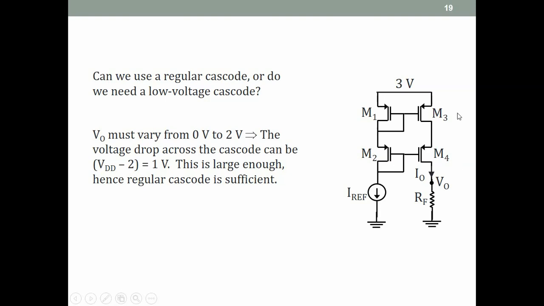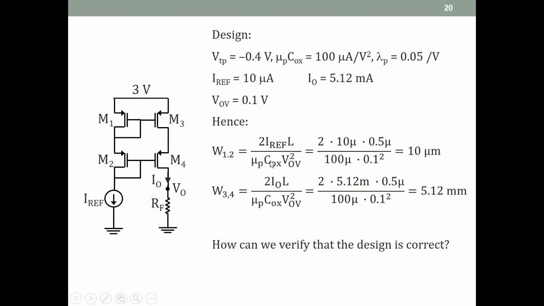Therefore, the voltage that we have available to fall across M3, M4 is 1 volt, 3 minus 2. And 1 volt is large enough for the VO of M3, M4. And so we say, well, this regular cascode is enough. We don't need a low voltage cascode.